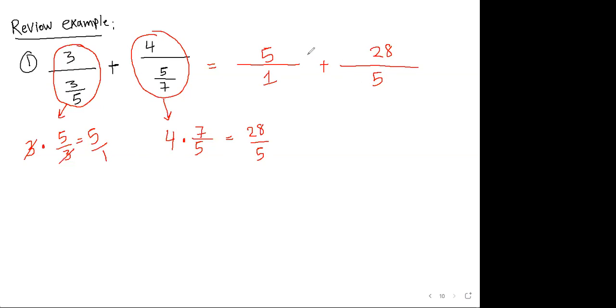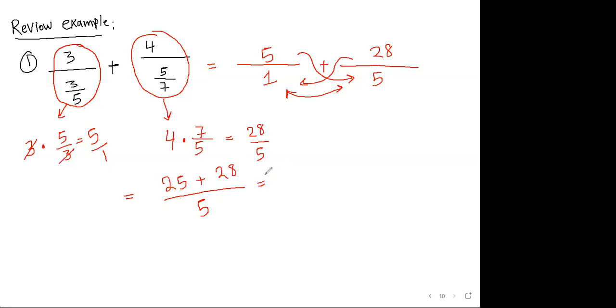Now cross multiply. Now look, it's so easy to do the cross multiply. So the answer is 5 times 5, 25, plus 28 times 1 is 28, divided by 5 times 1 is 5.